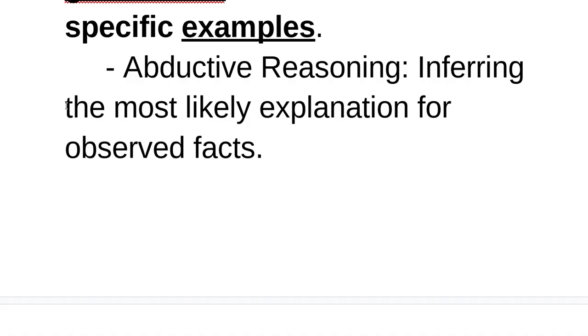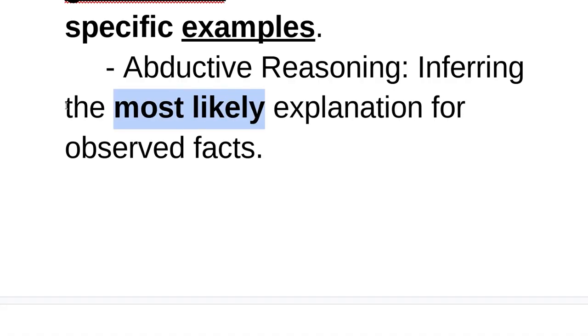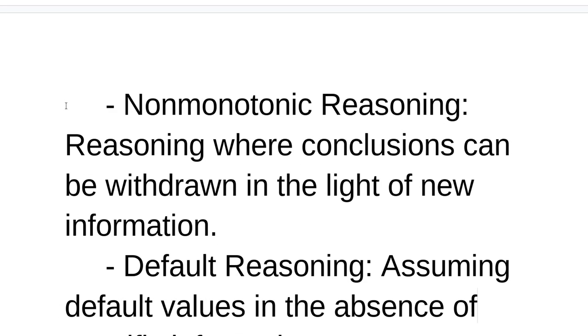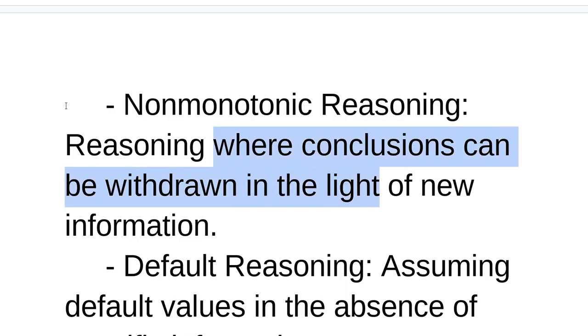Abductive reasoning is inferring the most likely explanation for observed facts. Non-monotonic reasoning is where conclusions can be withdrawn in the light of new information.